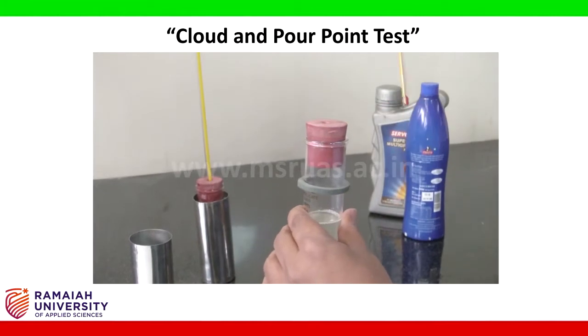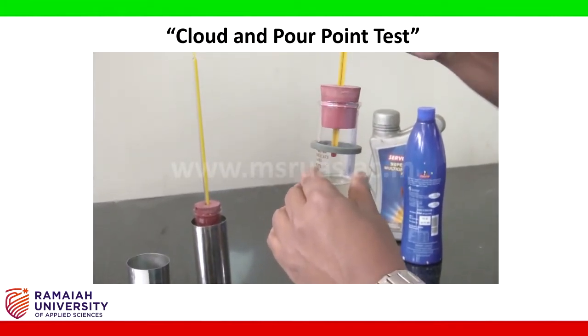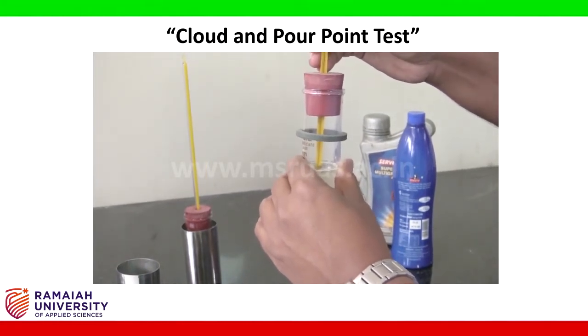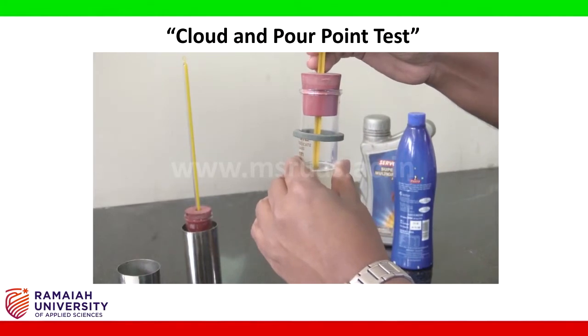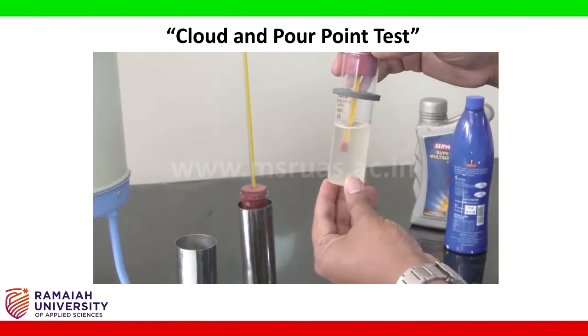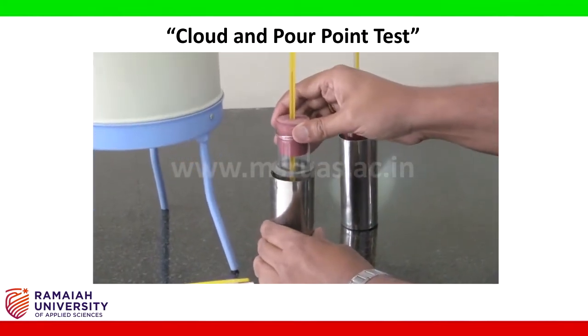Take the thermometer, position it. See that the thermometer is positioned well, not touching any of the surfaces, like this. And now place the entire setup into a test tube holder.